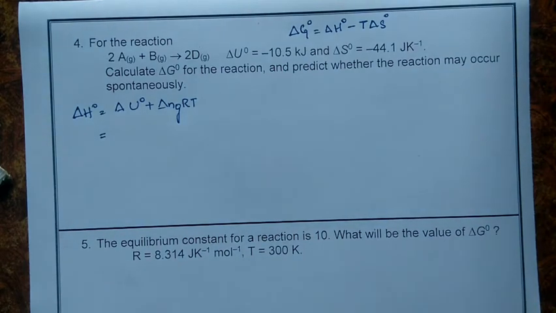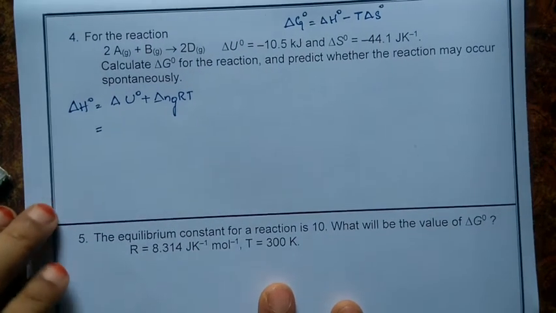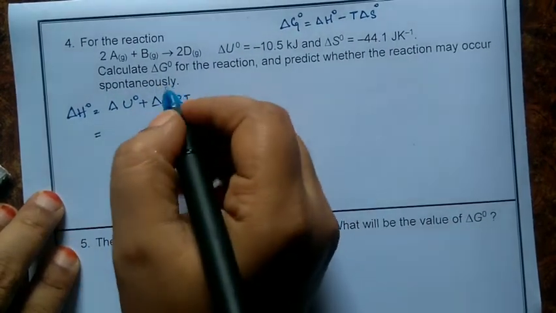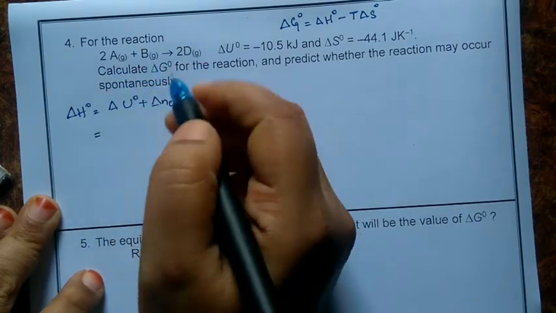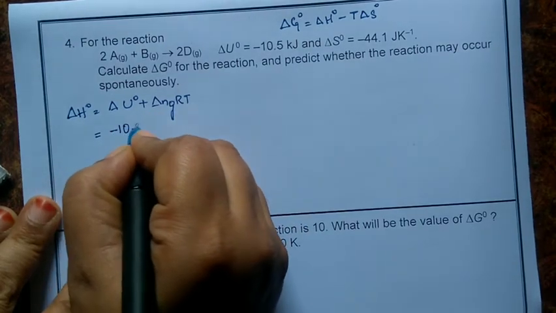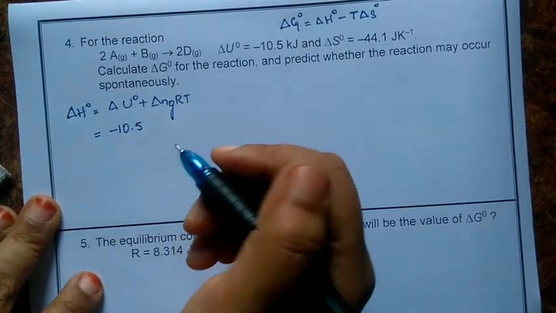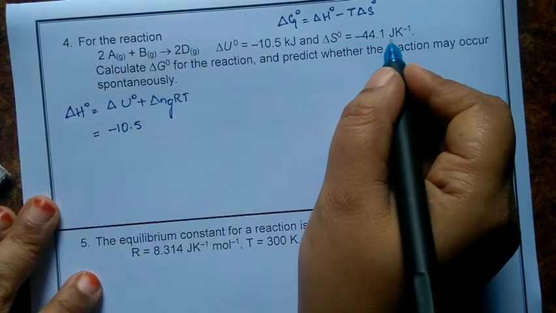All are gases: reactants are gases, products are gases. So delta Ng is the number of gaseous products minus the number of gaseous reactants. Delta U naught is 10.5 kilojoule, but delta S naught is in terms of joule.